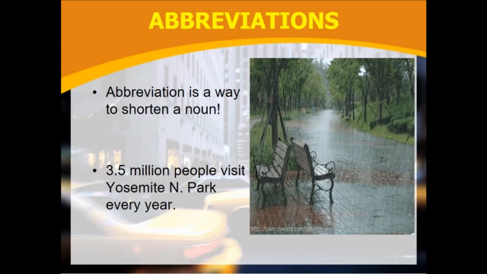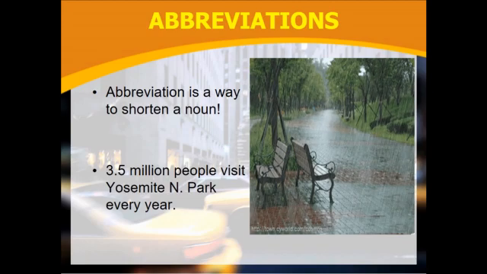Abbreviations are very important as well. Now, an abbreviation is a way to shorten a noun. Look at this sentence. When we were reading about the story Letters Home from Yosemite, we came across this fact that 3.5 million people visit Yosemite National Park every year.